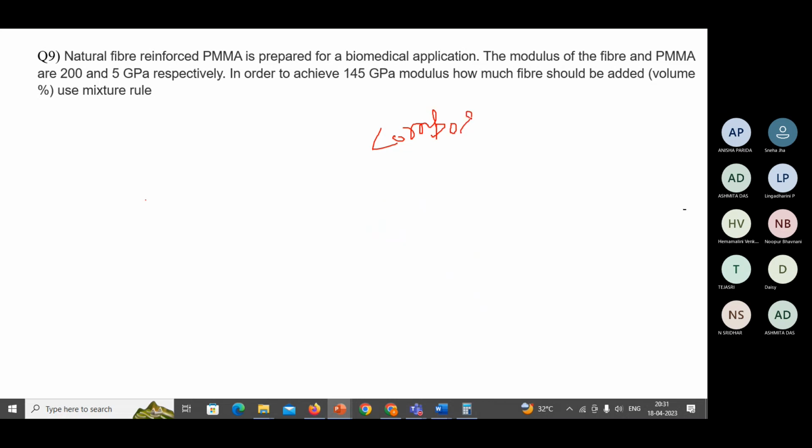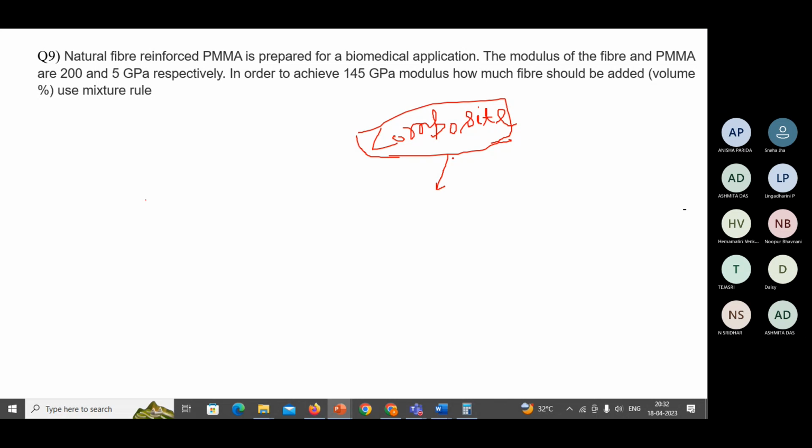What is composite? More than two materials combined together. And what are the two phases existing in the composite? Matrix and the reinforcement.